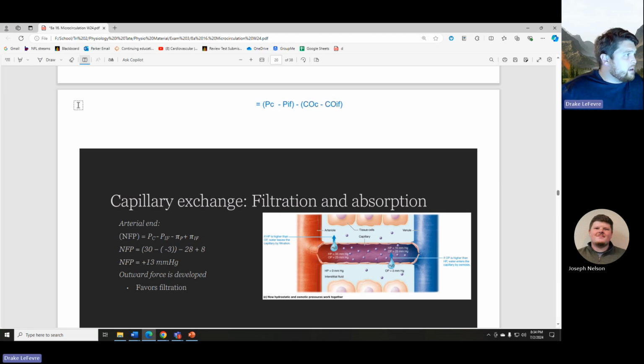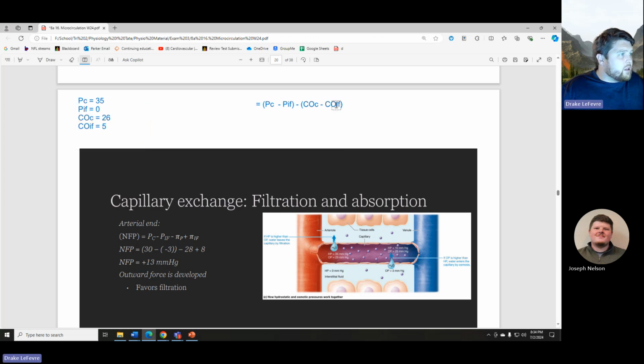So if we get an example, they'll tell us the PC, COC, COIF, and PIF. They'll give us most of these values, or if not all of them, all of these values. This one's 35. This one's 26. This is 0. And this is 5.